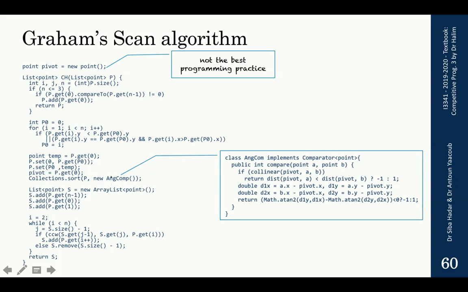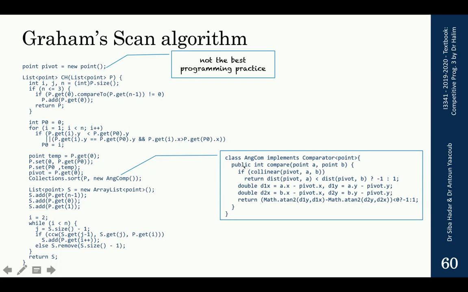For those who are not familiar with this code technique, this is very easy. You just have to define an instance of a class that implements Comparator of Point, because you want to compare a point with a point. In this class, you only have to define one method.